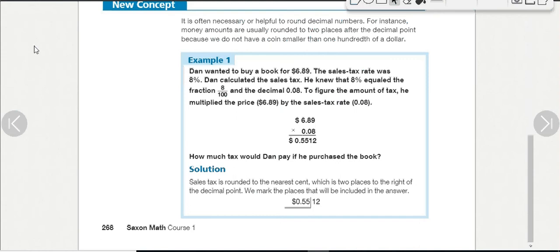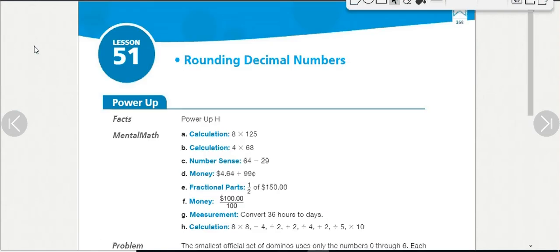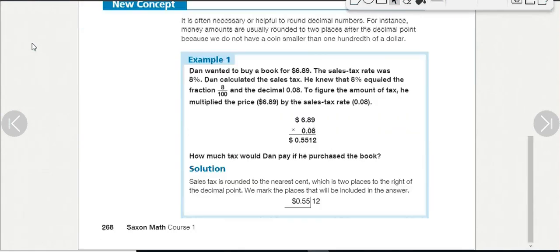Now, lesson 51 has us rounding our decimal numbers. It depends on what the problem asks, how many places we're going to round it. In this case, we know we're dealing with money, so money usually only goes to 2 decimal places after the decimal.